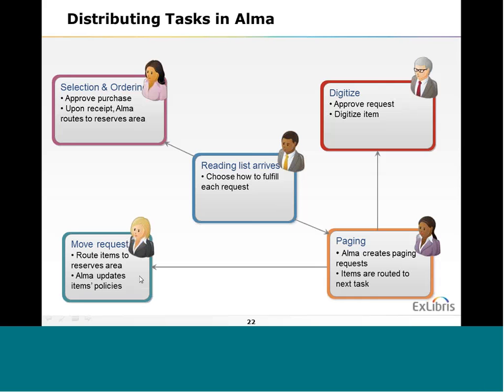Maybe digitization, for example, might be where a bottleneck is occurring. So we can allocate staff to that particular task, rather than allocating staff to the general workflow itself, such as, in this case, course reserves. In other words, the Alma model allows you to focus on the tasks rather than focusing on the entire end-to-end workflow.